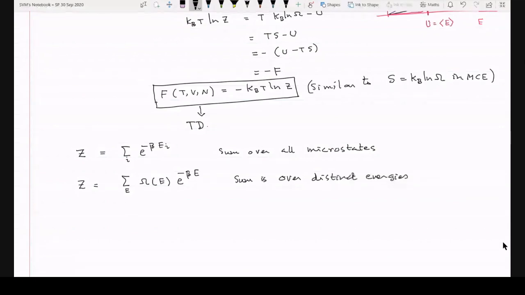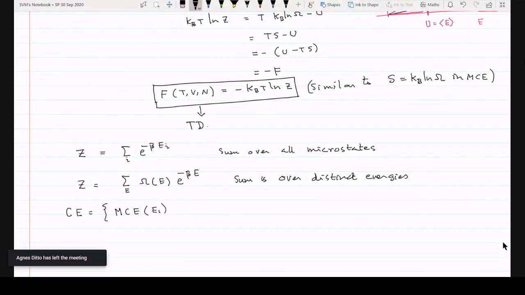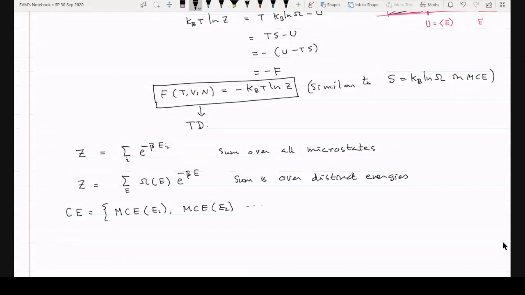Okay, so for example, you can imagine something like this. If you have a canonical ensemble, then there is going to be a set of microcanonical ensembles. So MCE of energy E1 and MCE of energy E2 and so on. So this is sum over distinct energies, which implies this is sum over distinct MCEs.